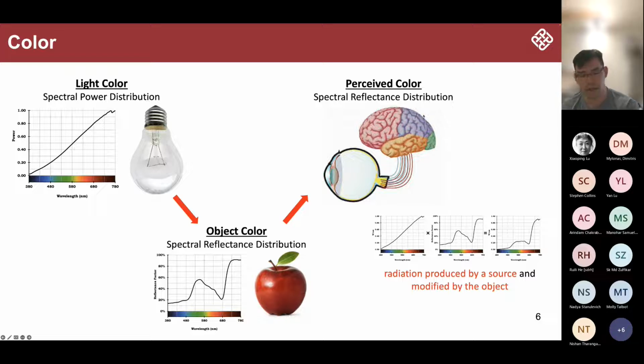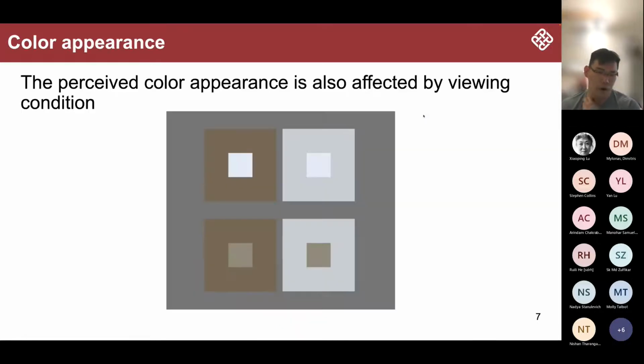Based on this, we know the color we see depends on both the illumination and the object. But we also know the colors we see are not isolated from the background or the viewing condition. For example, the two squares at the center: even if we use a meter to measure their XYZ, or their tri-stimulus values, they will be the same.